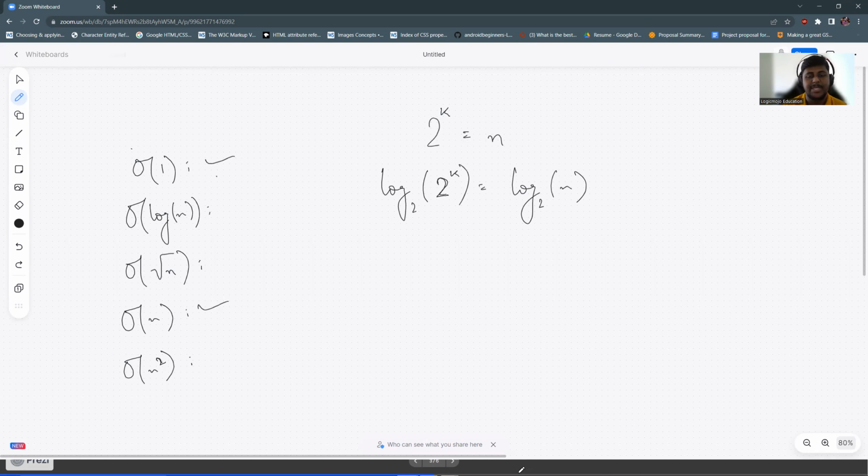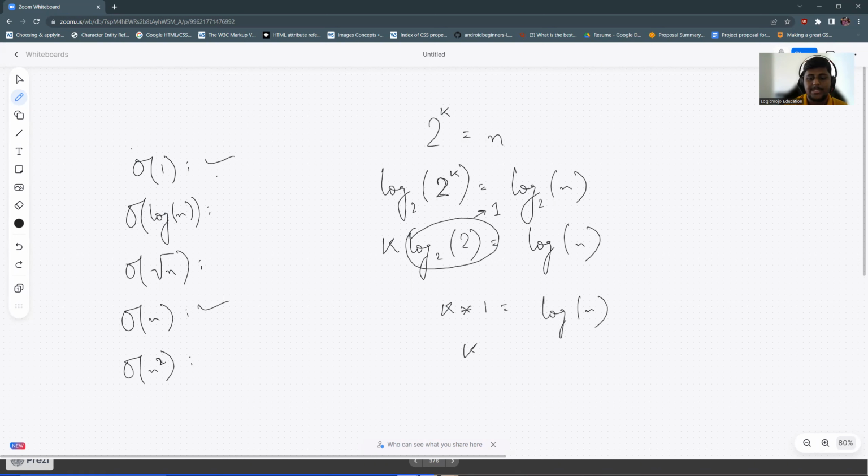I kept the base the same, because if the base and the number are the same, they get cancelled out. The k comes over here and it becomes k log 2 is equal to log n. This is also base 2 as well. Now the 2 and 2 get cancelled out, this value is equal to 1. So k into 1 equals log n, or k is equal to log n.